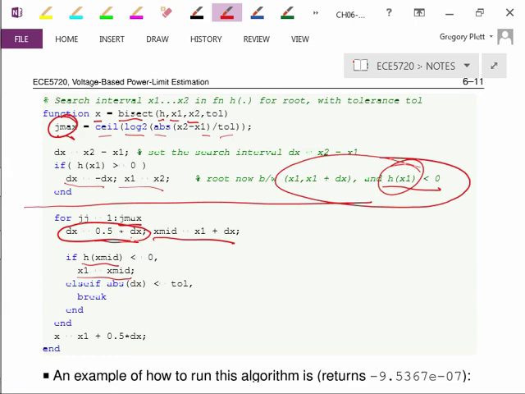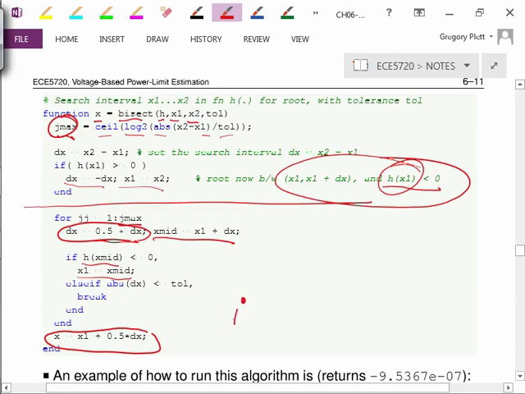Otherwise, I keep on looping the j max times, and I return to the calling procedure x1 plus 0.5 times dx. That is my best guess. I know that the root is between x1 and x1 plus dx, but my best estimate then is the midpoint, which means if I returned x1, I could be off by a full dx.